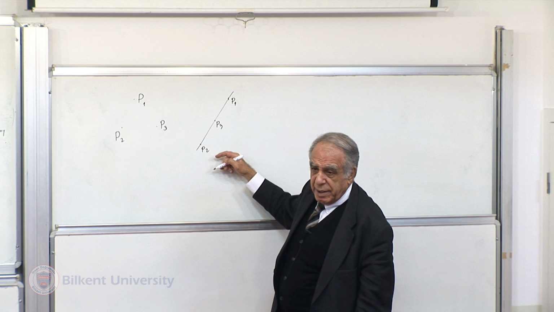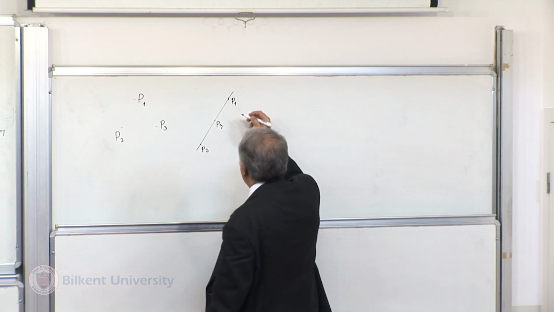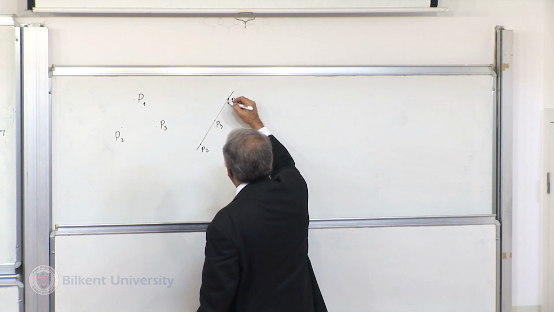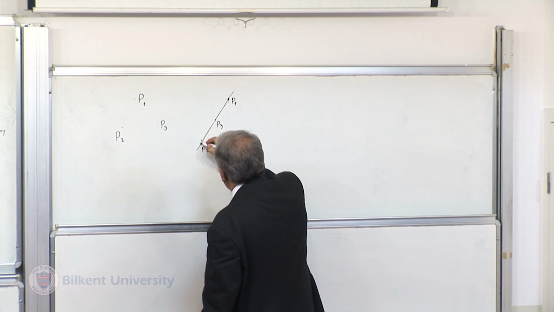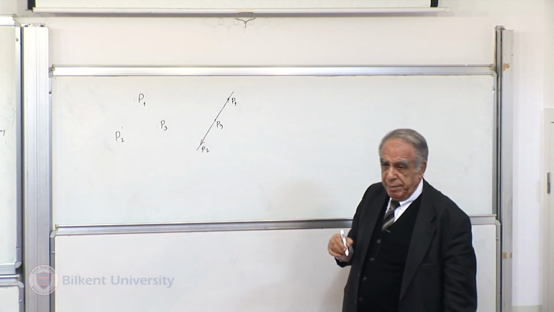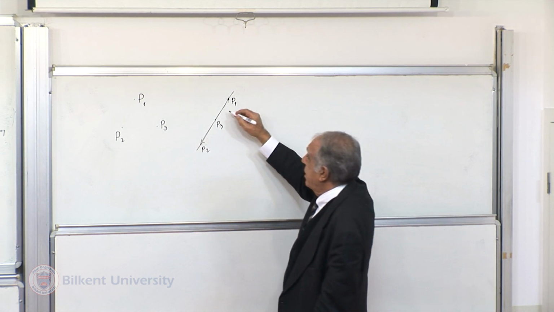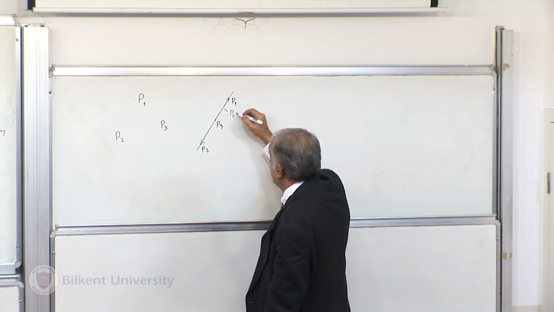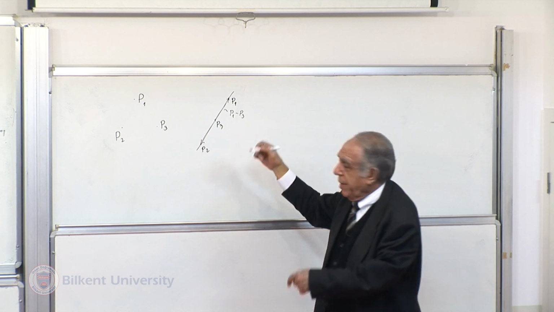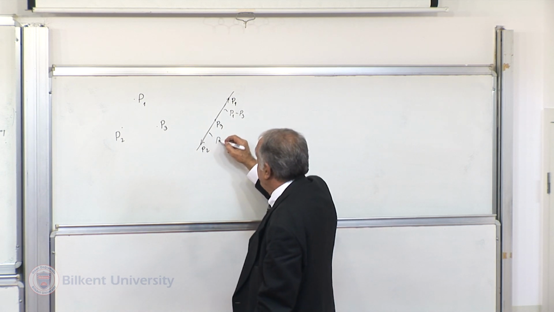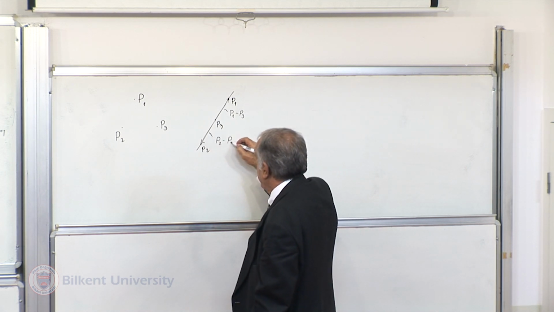points themselves, but say take P1 minus P3, which will be this vector, and then P2 minus P3, which will be this vector. This is P1 minus P3. Now points and vectors are the same, so this is P2 minus P3.